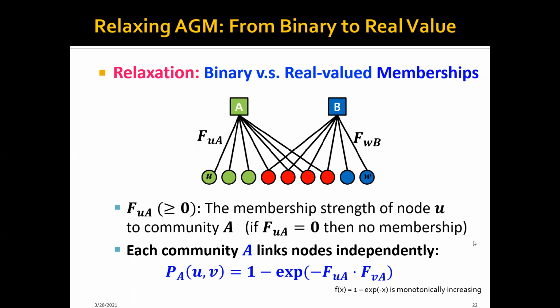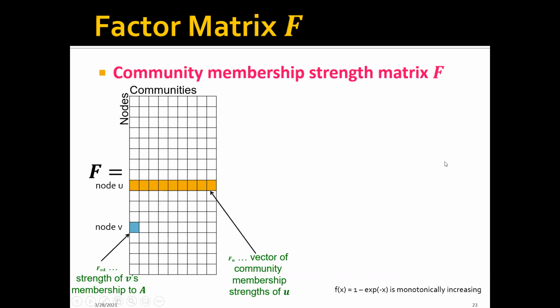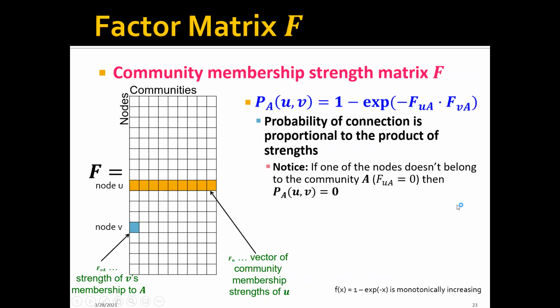So why do we have this? The intuition is that the function f(x) = 1 minus exponential of minus x is monotonically increasing, and the probability of the connection of u and v is proportional to the inner product of these two strengths.